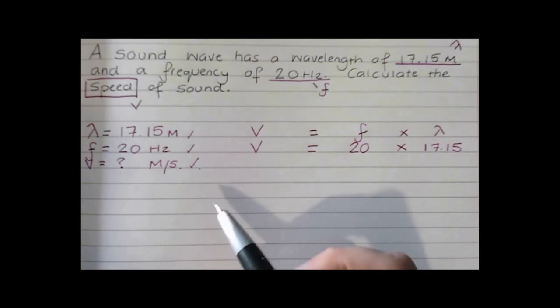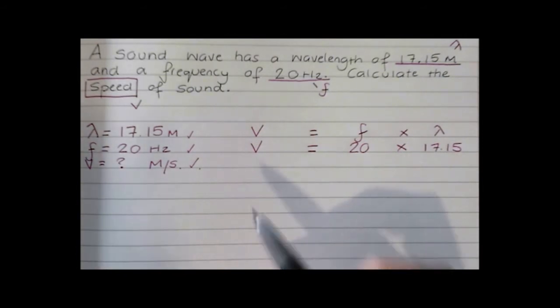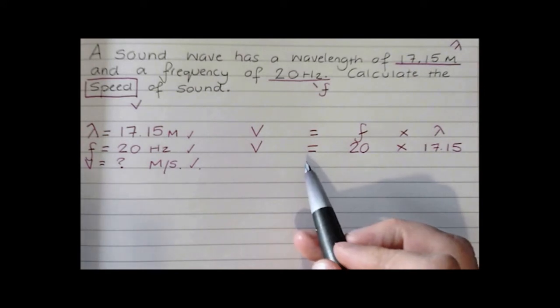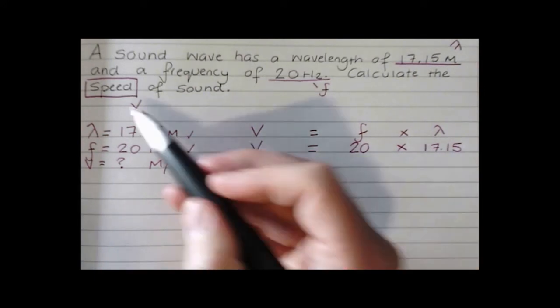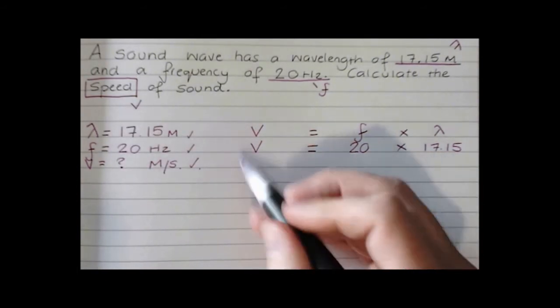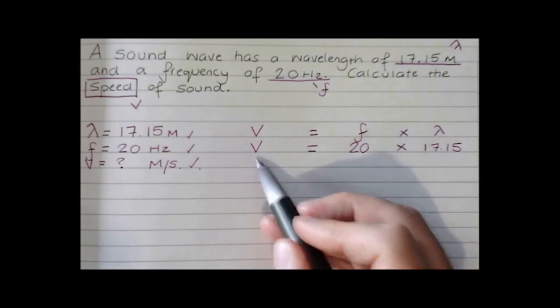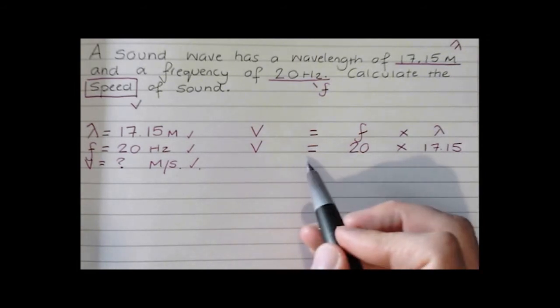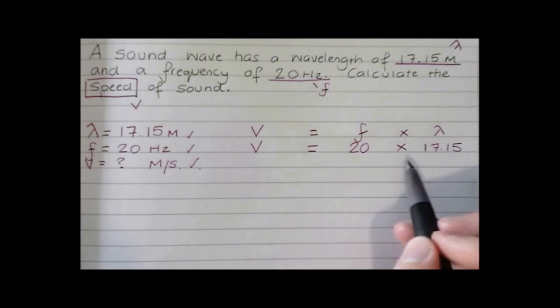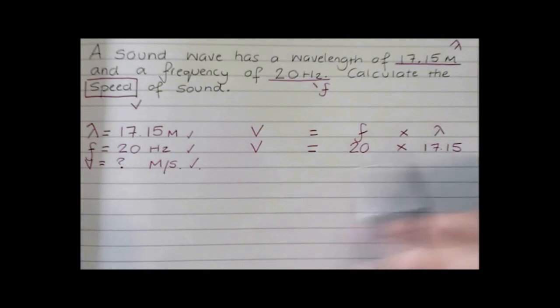Okay. So what we need to do now is check that the thing we are trying to calculate is actually the subject. We are trying to calculate the speed, v. Is that the subject? That means that it's on its own on one side of the equal sign. And yes, it is. So that means that we don't have to rearrange. We can just calculate these numbers.